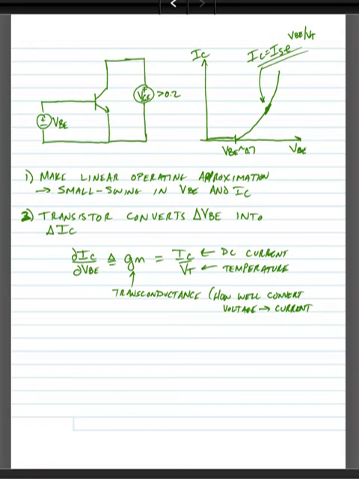We're first going to look at a couple of other small signal parameters, but our first small signal parameter is the transconductance. In the next part of the lesson, we will look at resistances associated with the transistor, and we've already seen capacitances associated with the transistor.